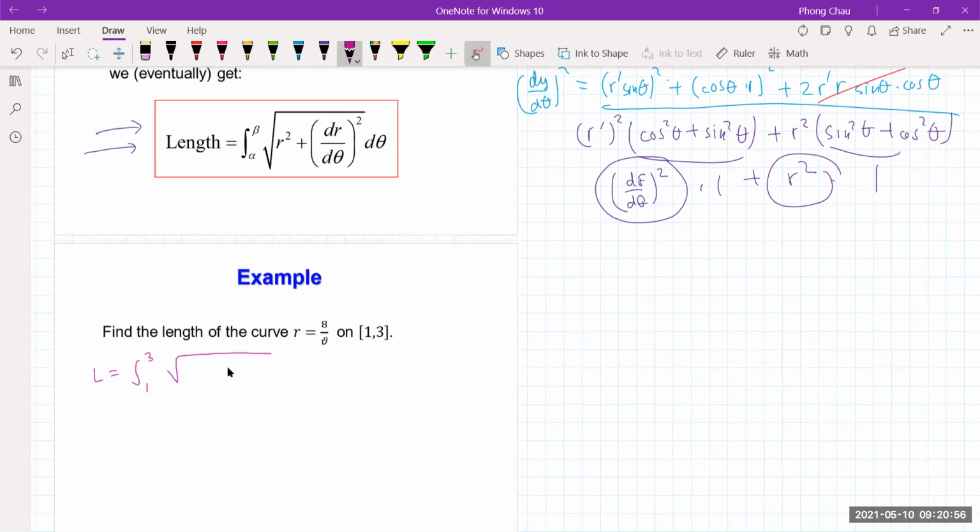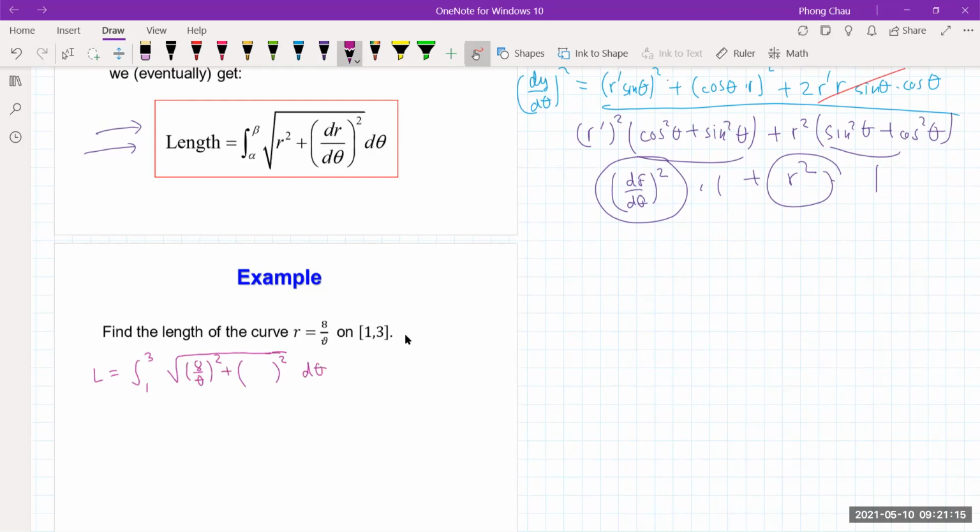So r is 8 over theta, squared, plus the next part is the derivative of r squared.